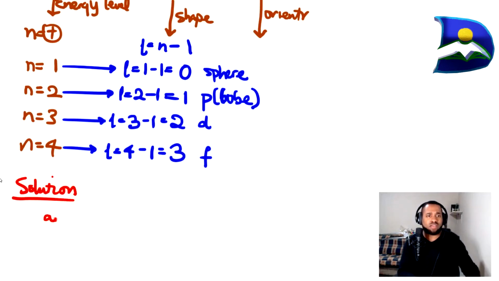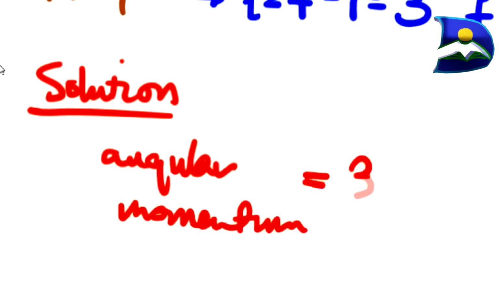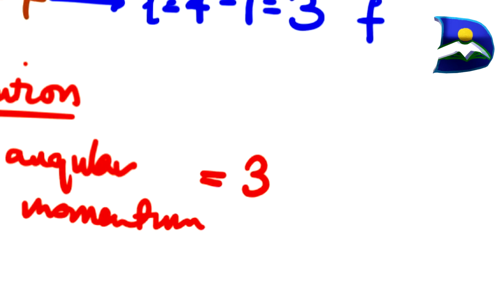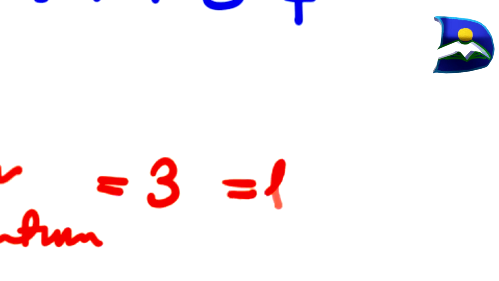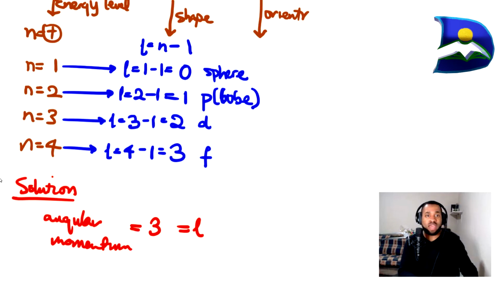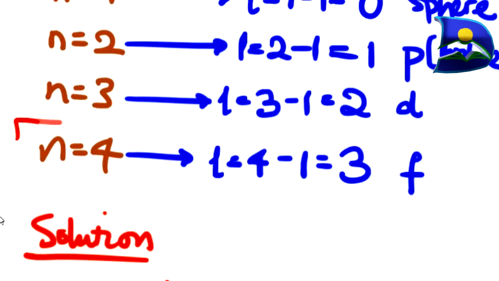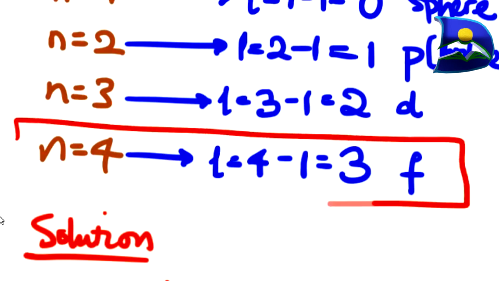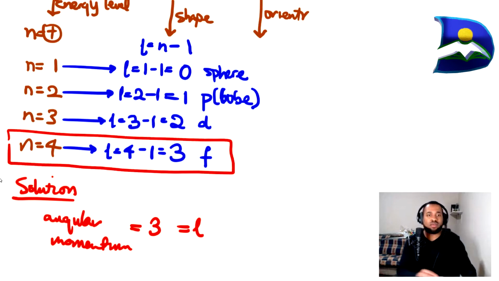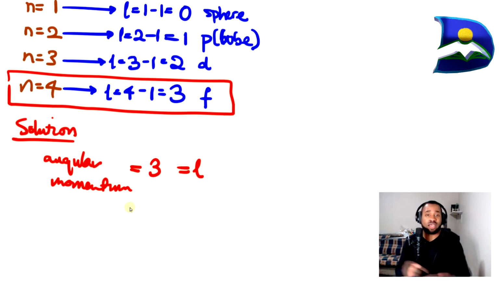When angular momentum is equal to 3, we know that angular momentum is equal as well to L. So therefore, based on our theory and our understanding, we notice that this satisfies the question that is actually given, which in this case, when n equals 4, our L equals 3.